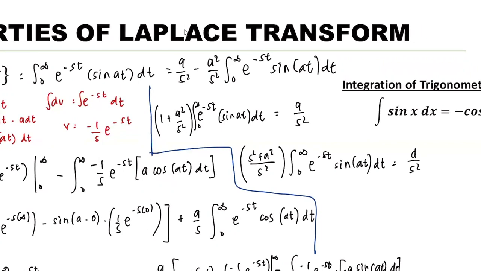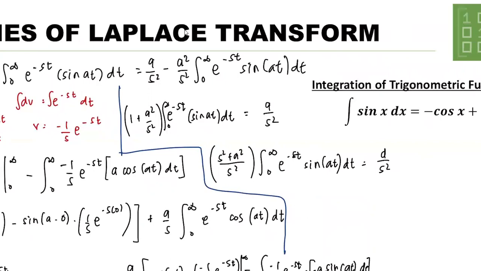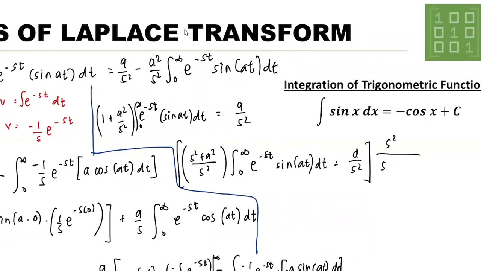So we can multiply both sides by s squared all over s squared plus a squared. Okay? So when we multiply it, we have the integral from 0 to infinity, e negative st, sine of at dt. This is a, no? So these two will cancel out.